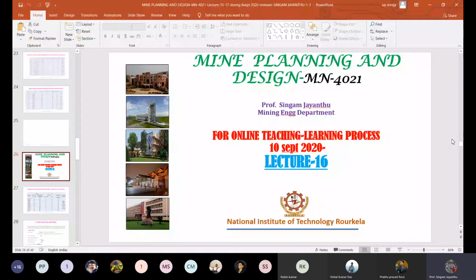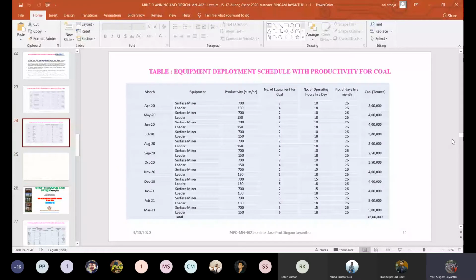Let me talk about this. So we were discussing these different numbers of equipment, and as your friend said rightly, when you are estimating it, you have to consider so many parameters. Sometimes there may be seasonal effects.